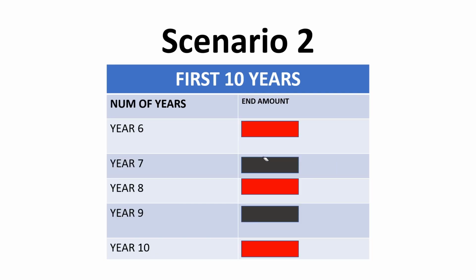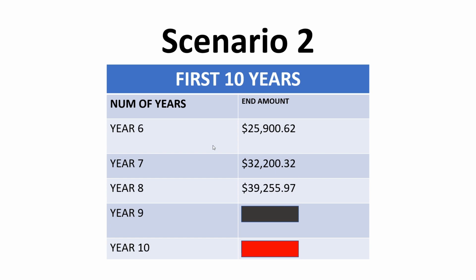So let's go on to the next 5 years, right? All the way to year 10. Starting from year 6, we have the end of year 6, I should say. We've got $25,900.62. And then the end of year 7, we've got $32,200.32. So going from 25, almost 26,000 to 32,000 in just a matter of 1 year. And then end of year 8, we are going to be at almost $40,000, $39,255.97.